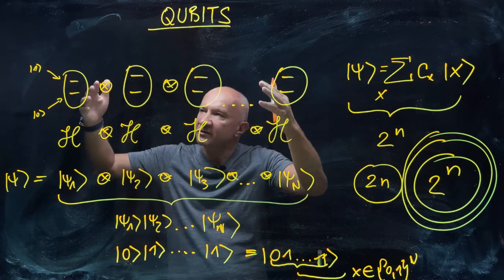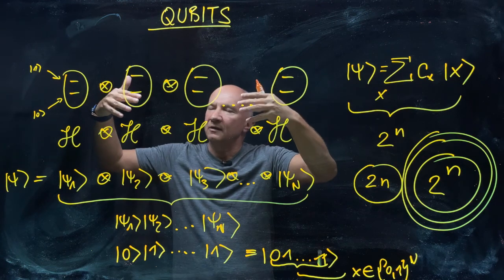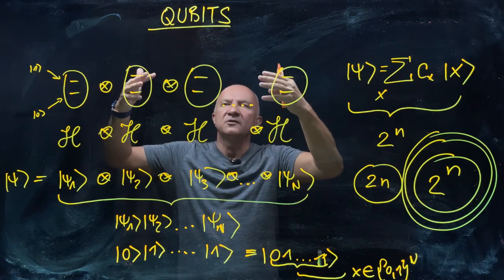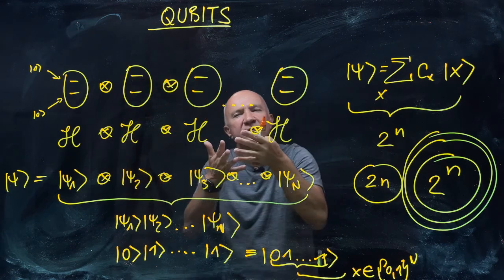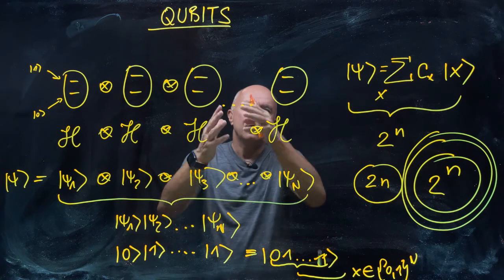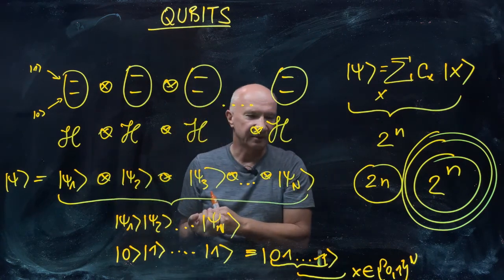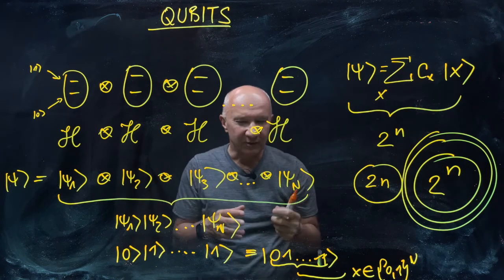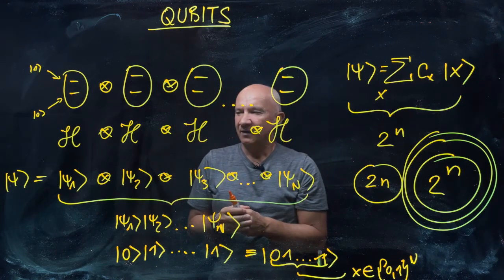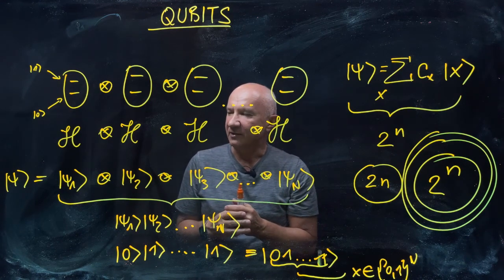So the dimension of the Hilbert space of this n-fold tensor product is 2 to the n. So in general, you will need 2 to the n complex numbers to represent the state. And those states that cannot be written in this particular form are called entangled. So welcome to the wonderful world of quantum entanglement, and let's take a look at perhaps 2 qubits and see how interesting this quantum entanglement is.